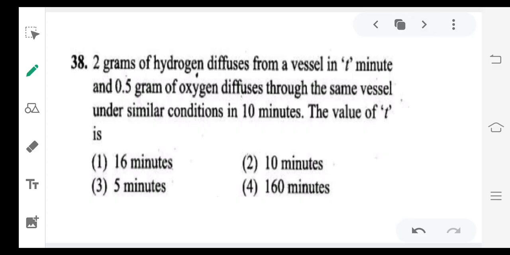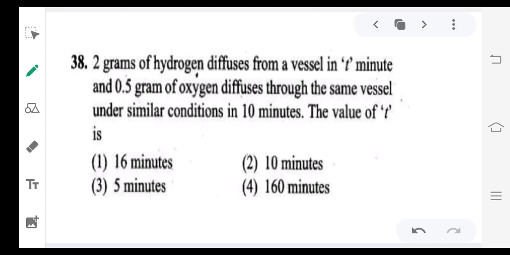Next, 2 grams of hydrogen diffuses from a vessel in T minutes, and 0.5 grams of oxygen diffuses through the same vessel under similar conditions in 10 minutes. The value of T is?